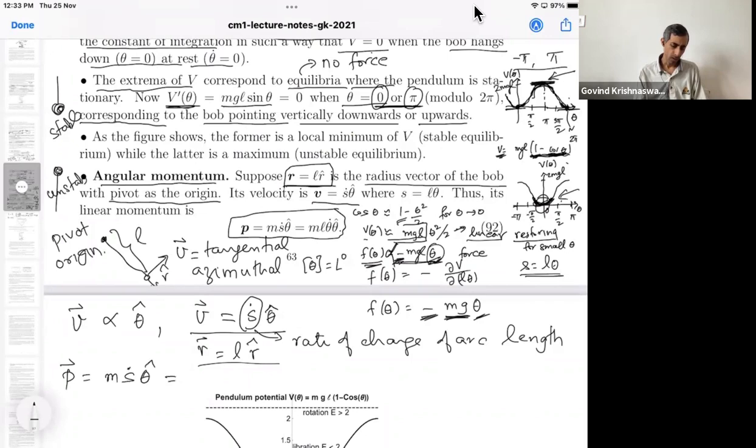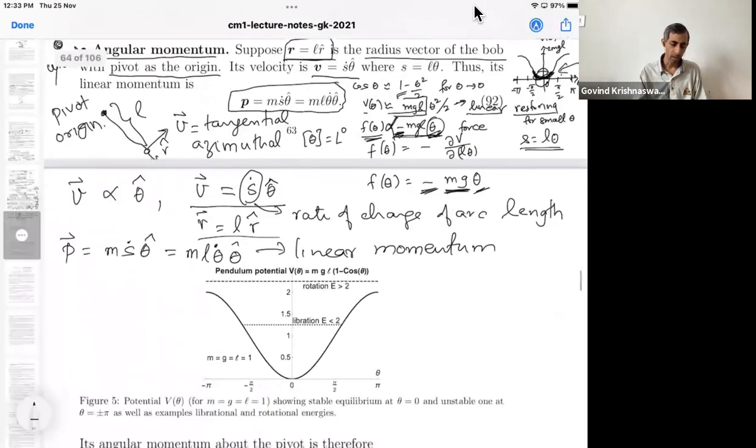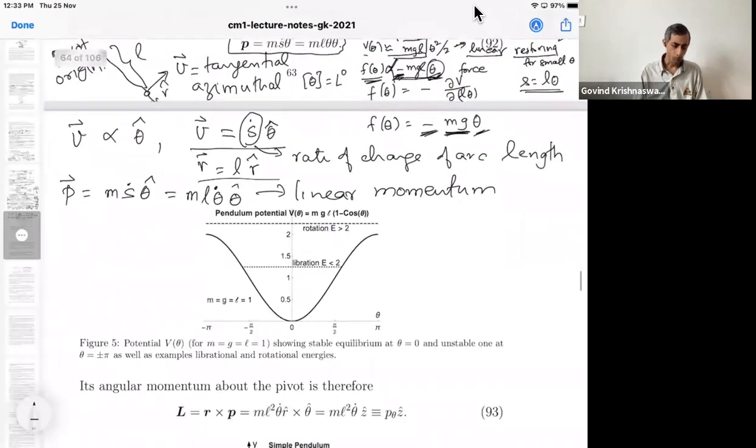Substituting for s dot, we get m l theta dot theta hat. So that is the linear momentum. Now we are ready to compute the angular momentum.